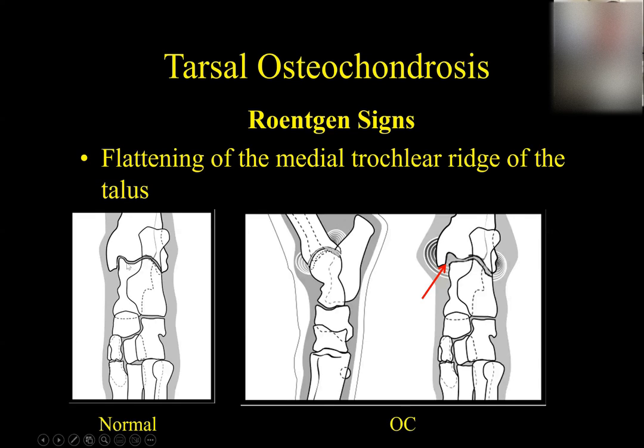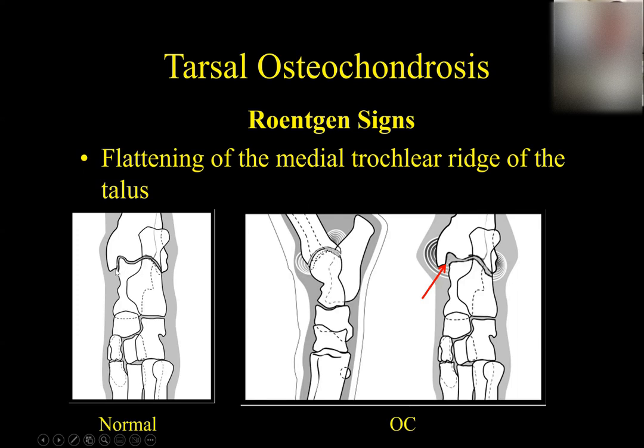It should have two little peaks. This is the lateral aspect over here. So this is the medial trochlear ridge of the talus, and you get this little well-defined peak. And then you come over here and you get a little broader peak, but it's still a well-defined peak. That's the lateral trochlear ridge of the talus. And from a lateral perspective, they're kind of superimposed, but you should get this rounded area in here.